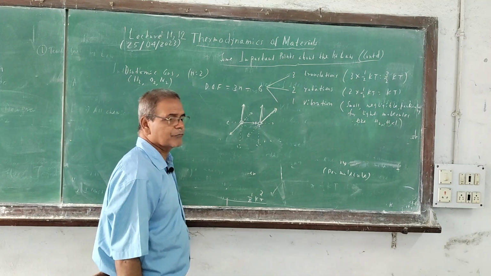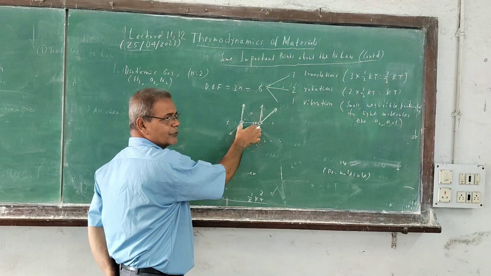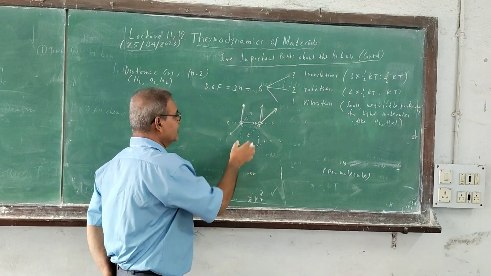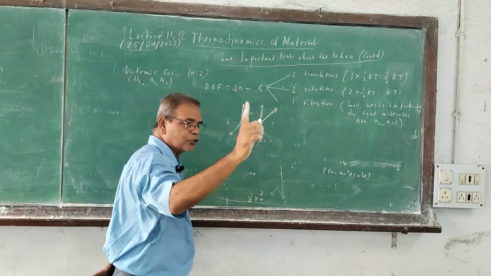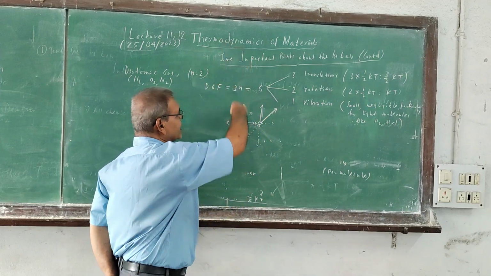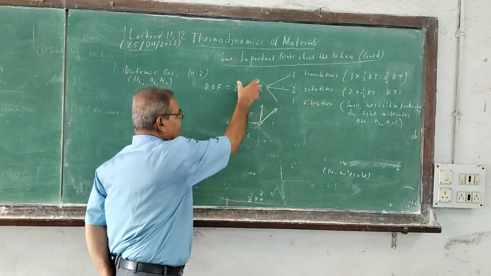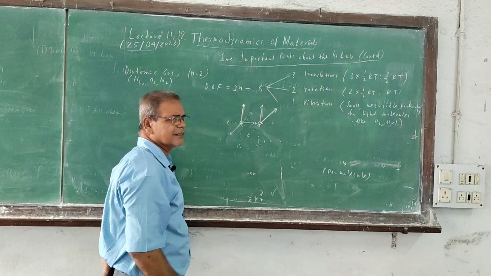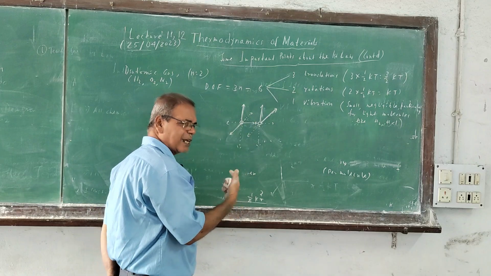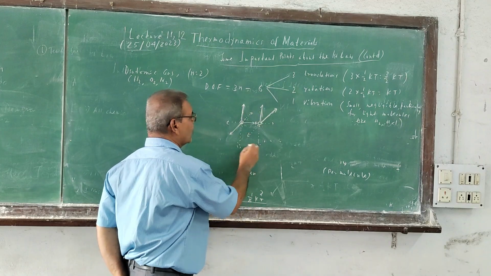When these two atoms, this is a hydrogen molecule, are moving in the same direction, either this or this, it will constitute one translation. Suppose this is the x direction, either both in the same direction. So the molecule itself has 1. You will get 1.